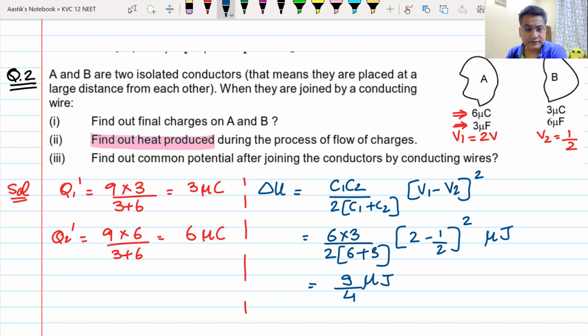Okay. That is the answer of the energy lost in the form of heat.